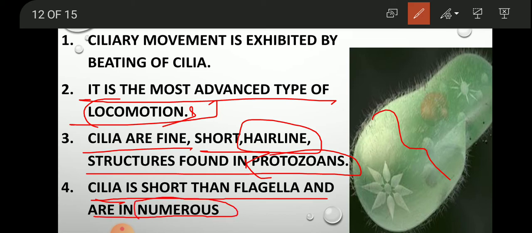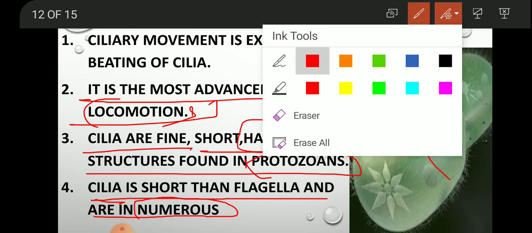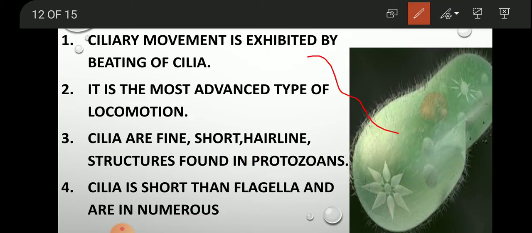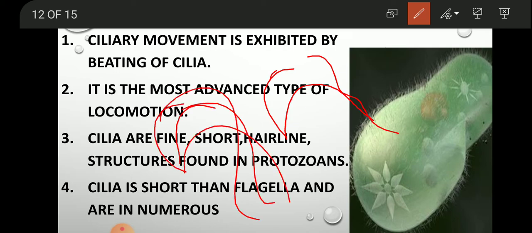We can't count them. Like in the case of flagella, there are uniflagellate, biflagellate and triflagellate animals. Some have 3 flagella, some have 2, some only have 1. Okay.